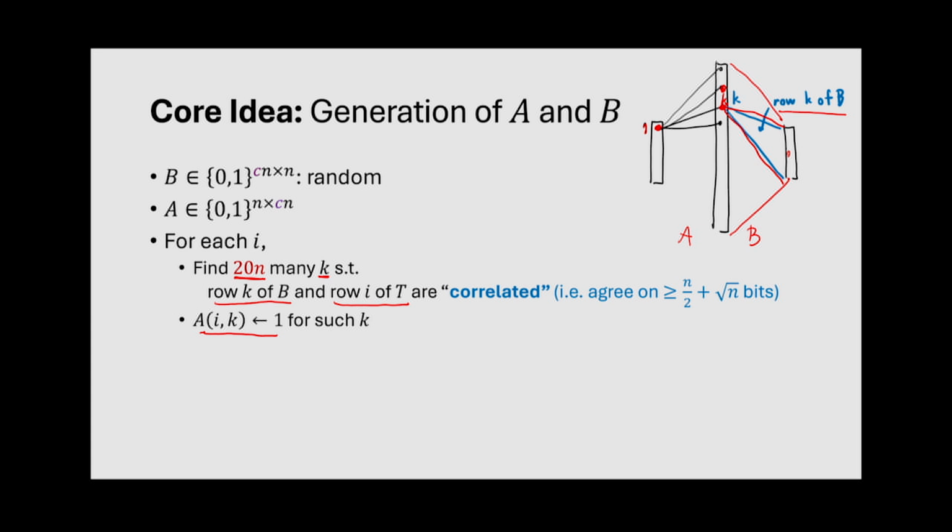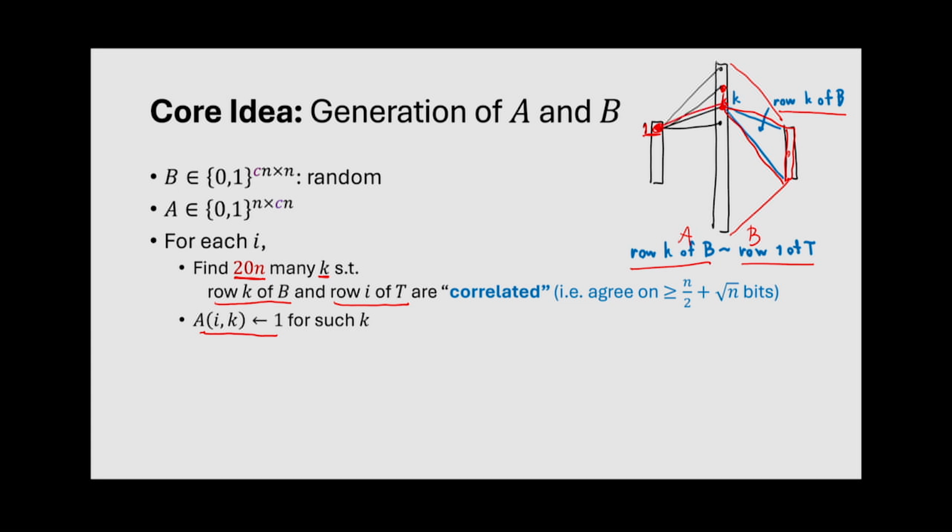Okay. And we want this vector to be similar to the first row of T, if this is the first guy here. So we want this vector to be similar to row I of T. If they are similar, then I put an edge.